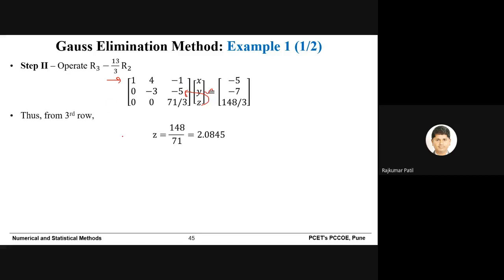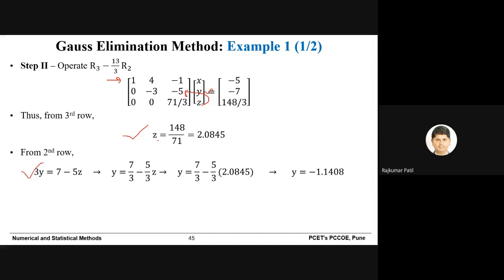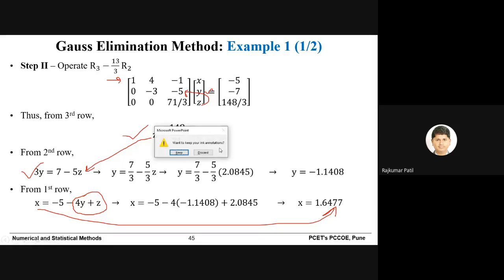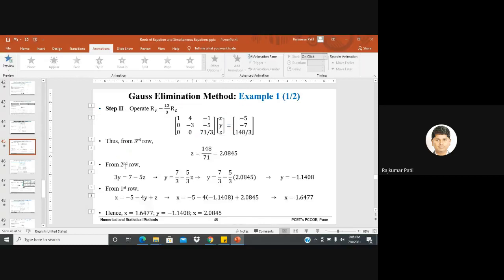So this is how we proceed. Using the third row we get z, then using the second row we put in the value of z and get y, and then from the first row we put in the values of y and z to get x. This is a very interesting and simple process to calculate the values of x, y, z when simultaneous equations are given.